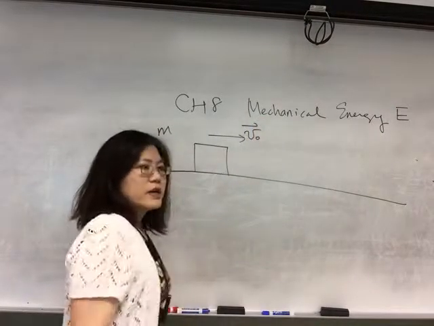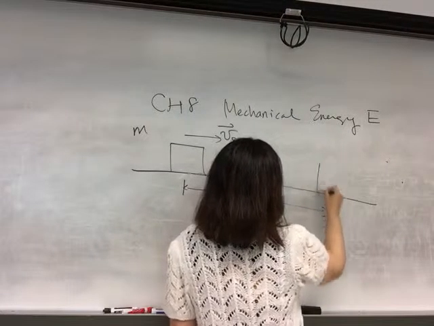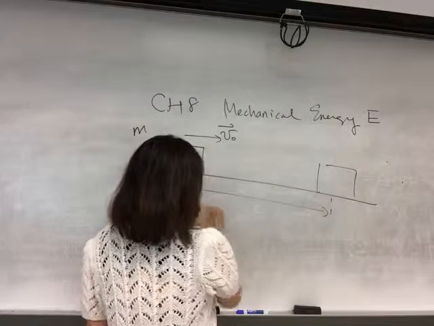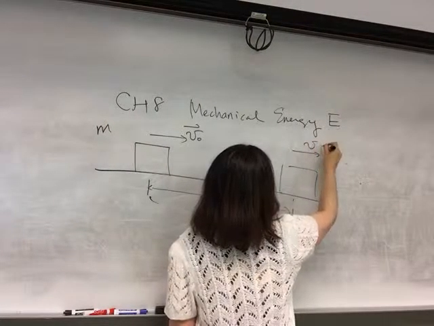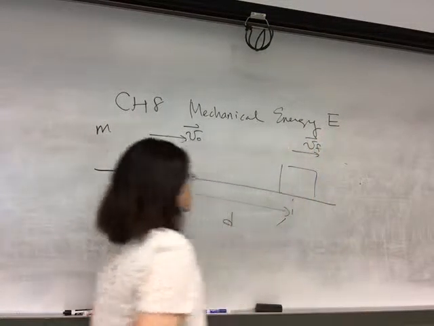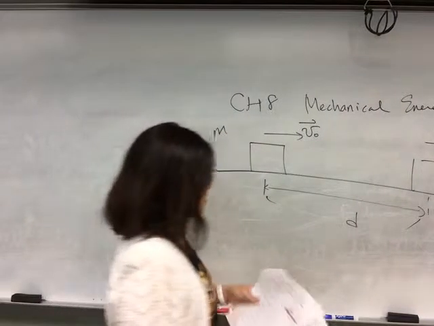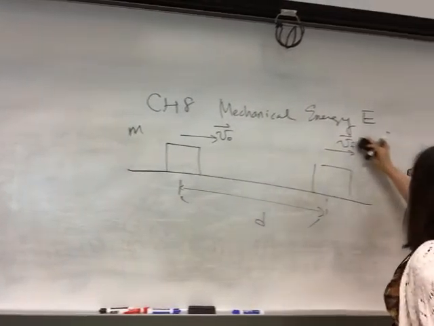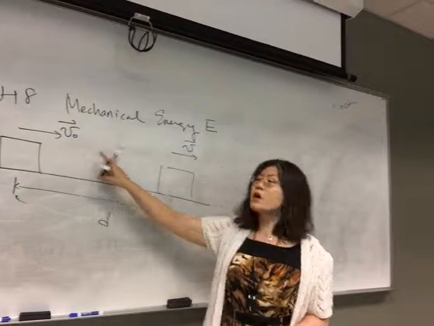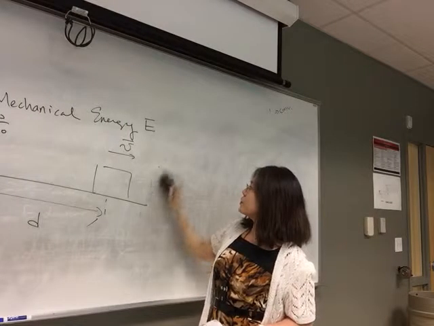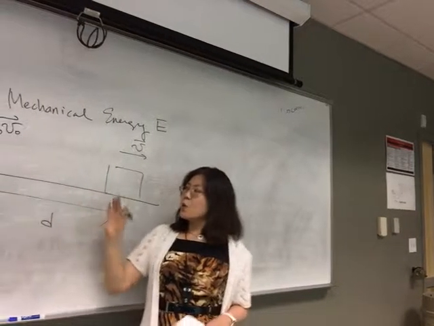It's moving rightward, and after it moves some distance, let's say a distance d, its velocity has changed to Vf. Instead of Vf, let's just use V. So you have V naught, the initial velocity, and the final velocity, we just use V. And the distance or the displacement is your d.